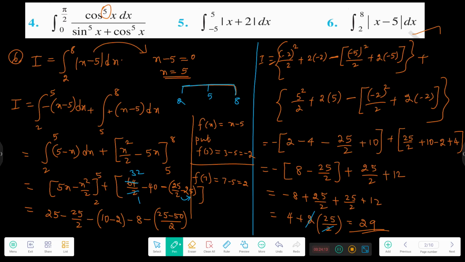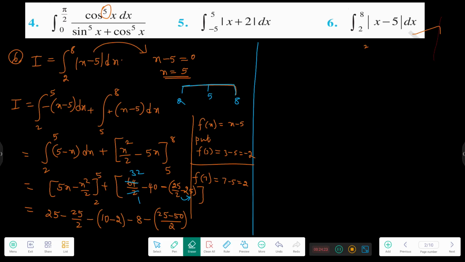Okay. Now what I am getting, simplify. Now see, here I is equal to 25 minus 25 divided by 2. And this also you can subtract, no? 25 minus 25, 50 minus 25 divided by 2, and minus 8. 10 minus 2 is 8, so minus 8.